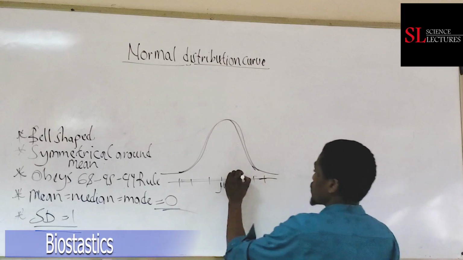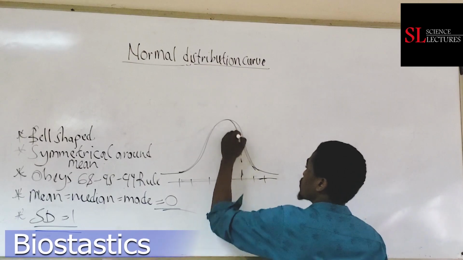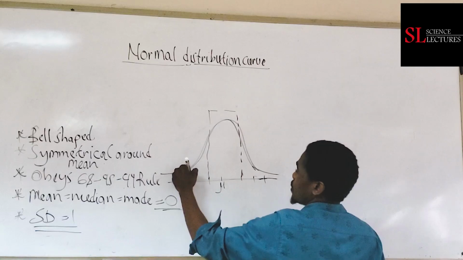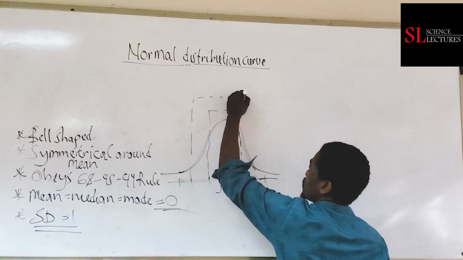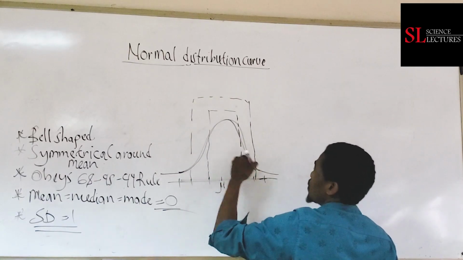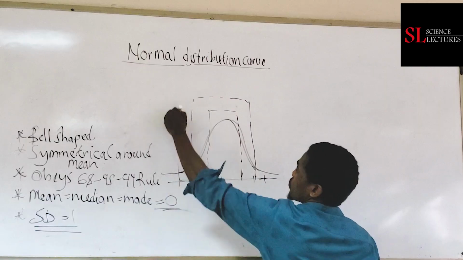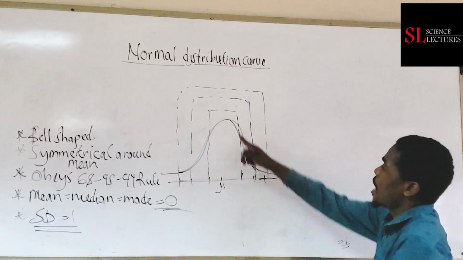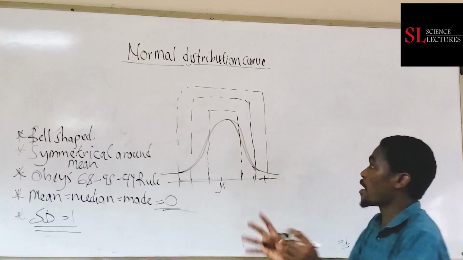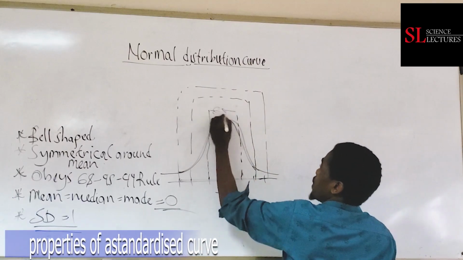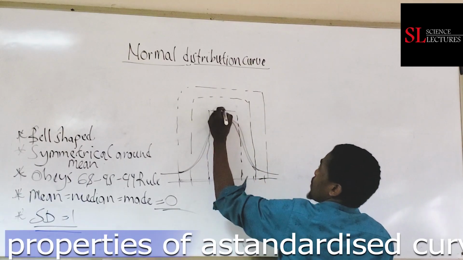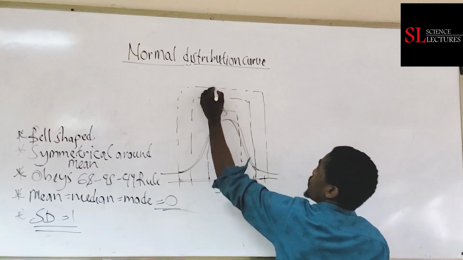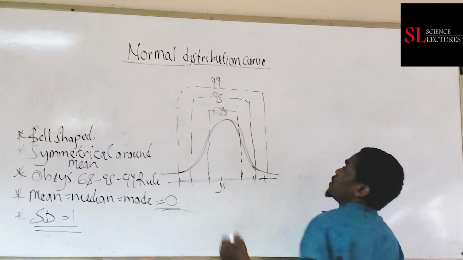The first standard deviation gives us a curve there. The second one, we dissect it from the second line, and the third one, we dissect it from the third line. Those are SDs. We say the first one is within a range of 68%, another one is within 95%, and the last one is within 99%.